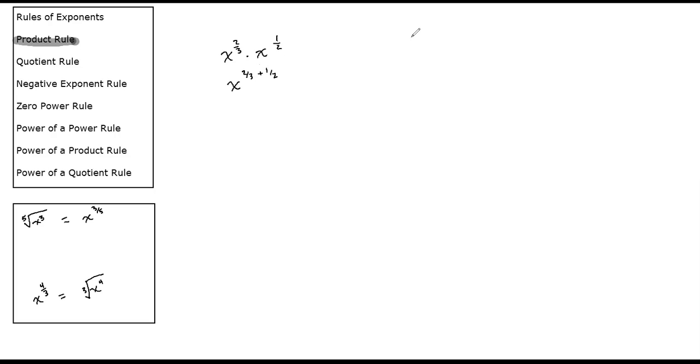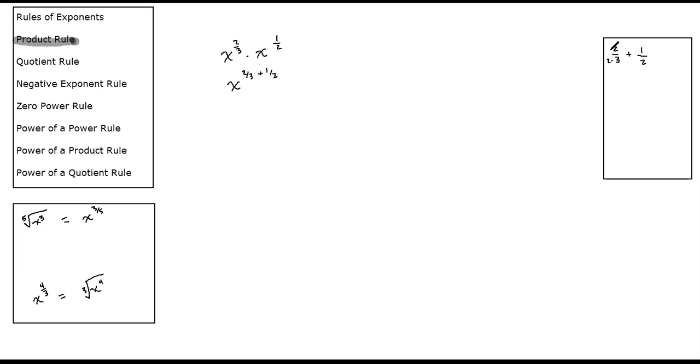And on the side, remember there's a couple of ways you can add fractions that have different denominators. You can do the TP method, you can do the butterfly method, or you're looking for the least common denominator. Between 3 and 2, that ends up being 6. And again, if that's your preferred method of adding fractions, that's fine.